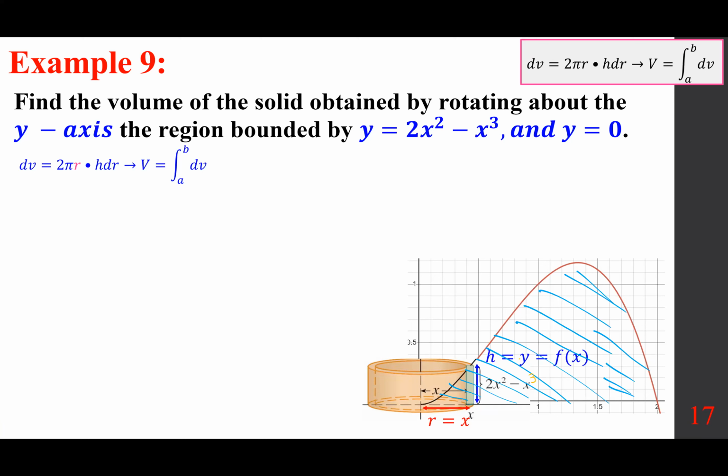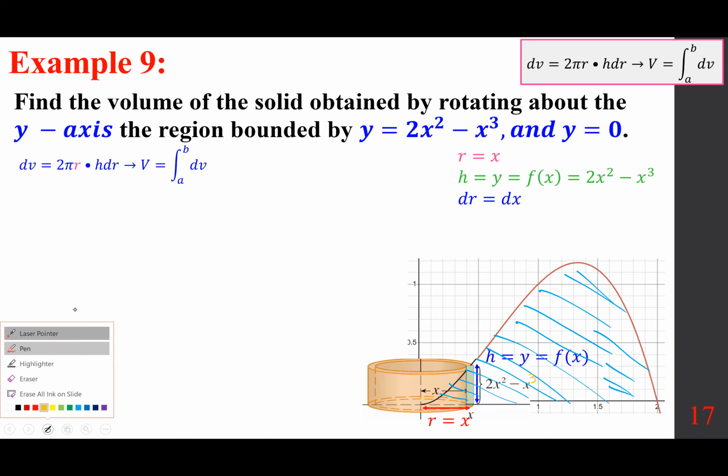All right. So R is x. The height is the y coordinate of this point, which is f of x or 2x squared minus x cubed. dr, the thickness, is dx.